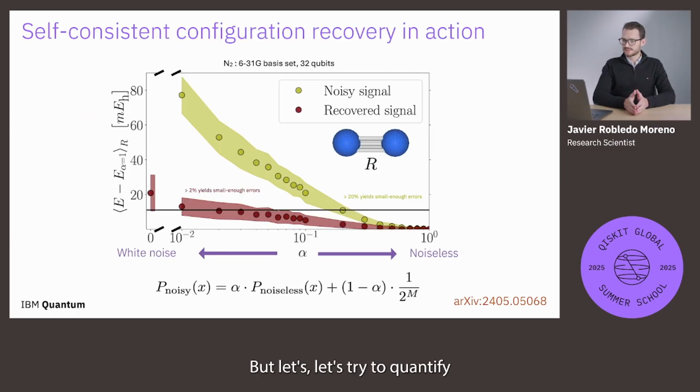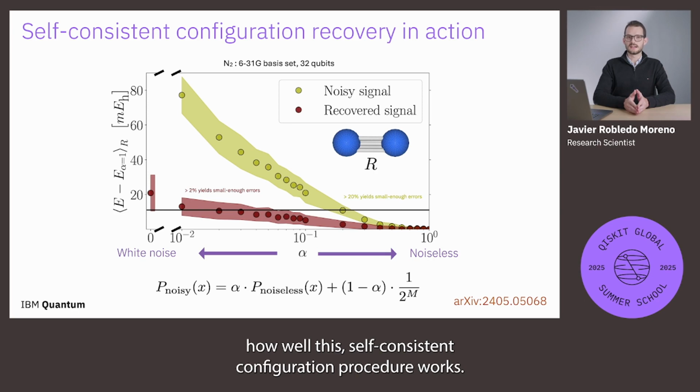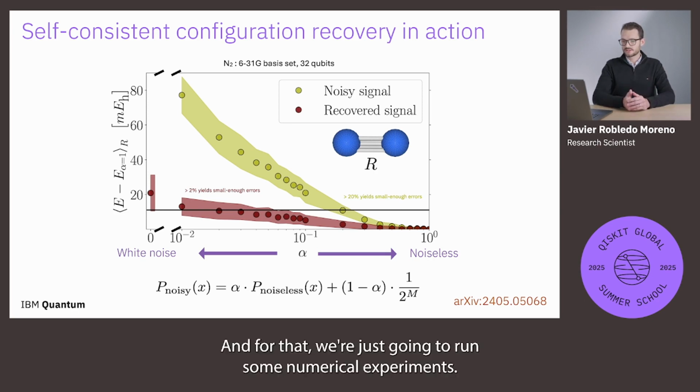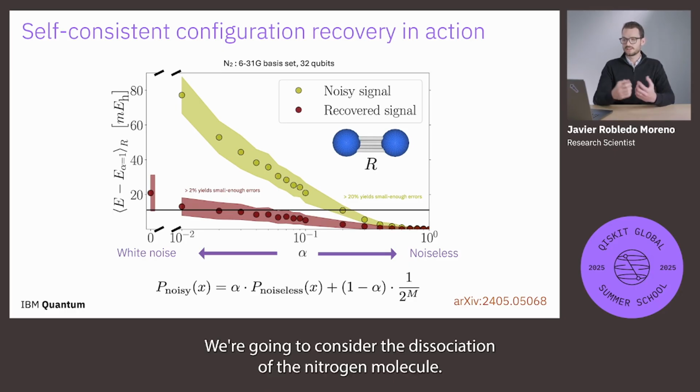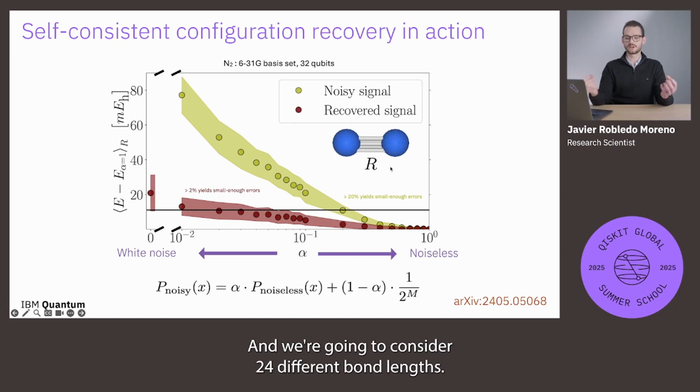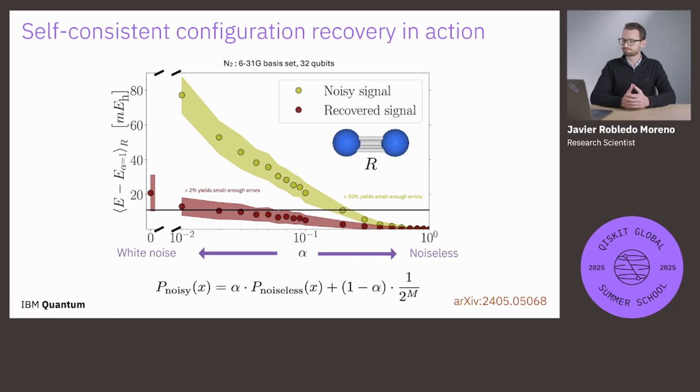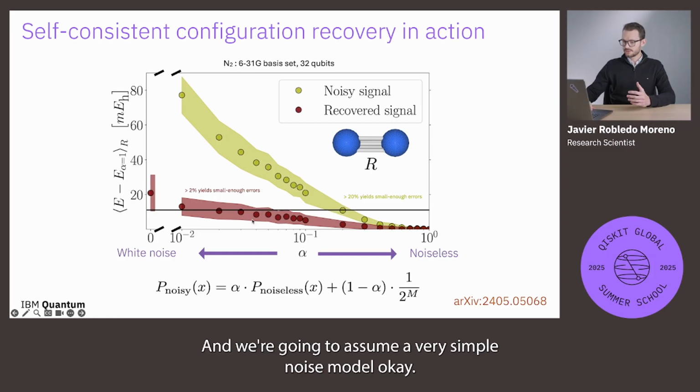But let's try to quantify how well this self-consistent configuration procedure works. And for that, we're just going to run some numerical experiments. We're going to consider the dissociation of the nitrogen molecule, and we're going to consider 24 different bond lengths. And we're going to assume a very simple noise model, okay?